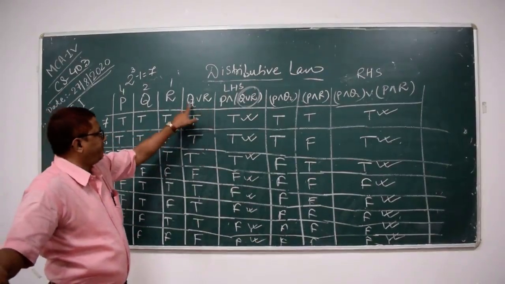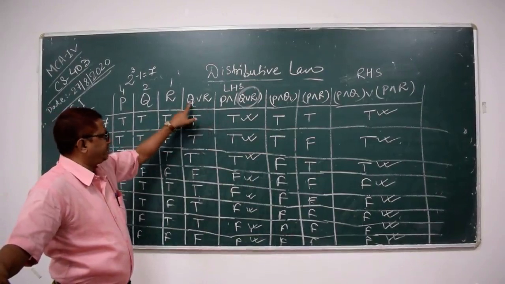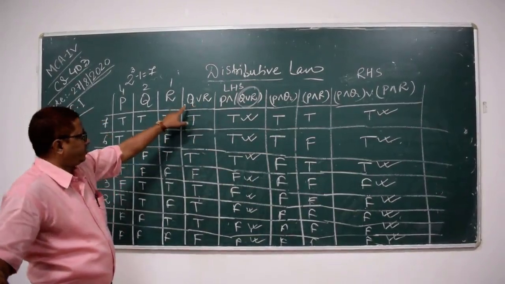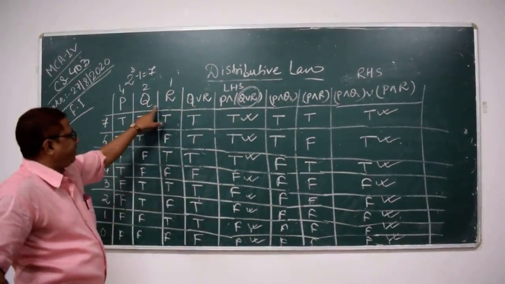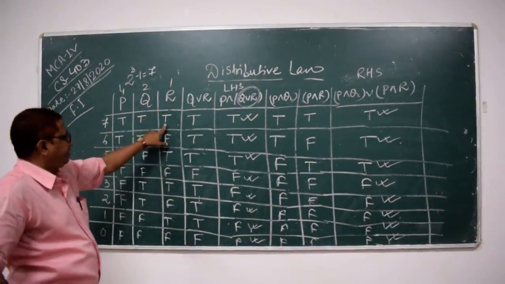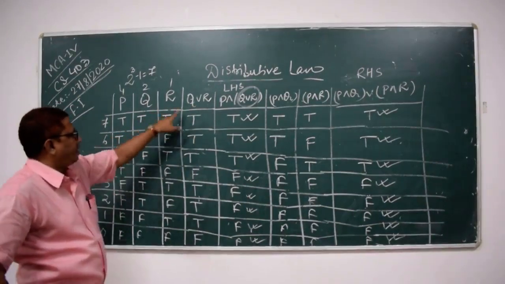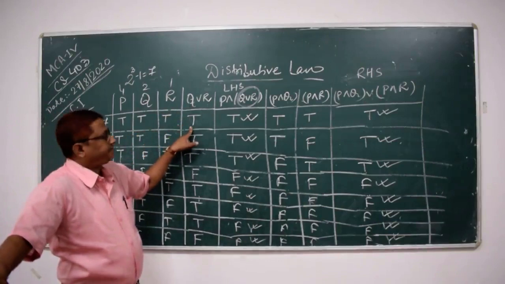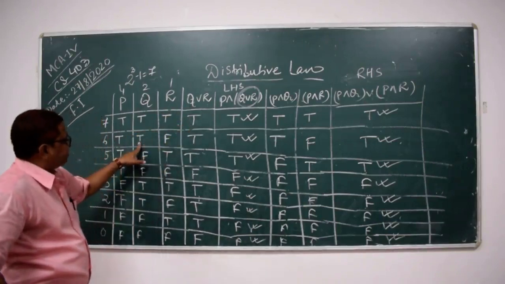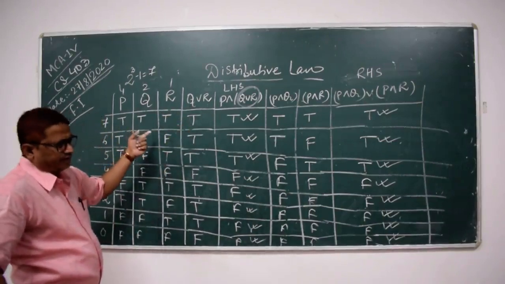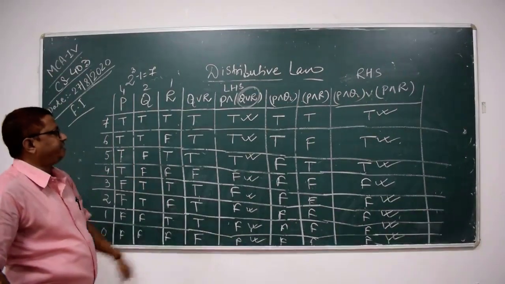Q प्लस R. Q यहाँ पे है, R यहाँ पे. T or T. If both predicates are true, the output is true in OR operation. And now the next operation, anyone is true. In OR operation, we have got the true value.